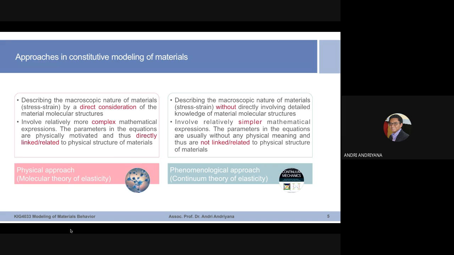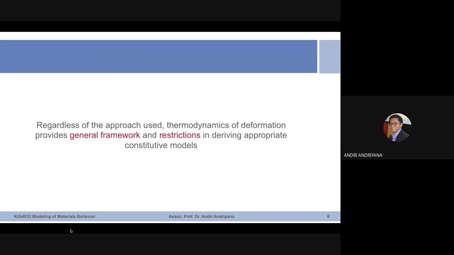The phenomenological approach has the advantage that you can deal with complex real engineering situations, but with certain limitations, lack of accuracy, for instance. So it comes with pros and cons for each approach.